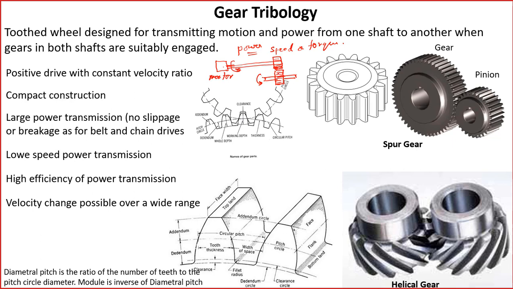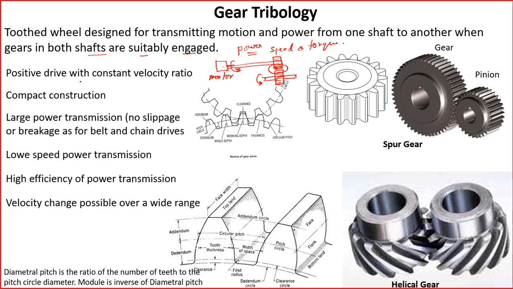Basically we will focus on the gear engagement, and how tribology plays an important role here. A toothed wheel is designed for transmitting motion and power from one shaft to another when gears on both shafts are suitably engaged. So these are the advantages of gears.